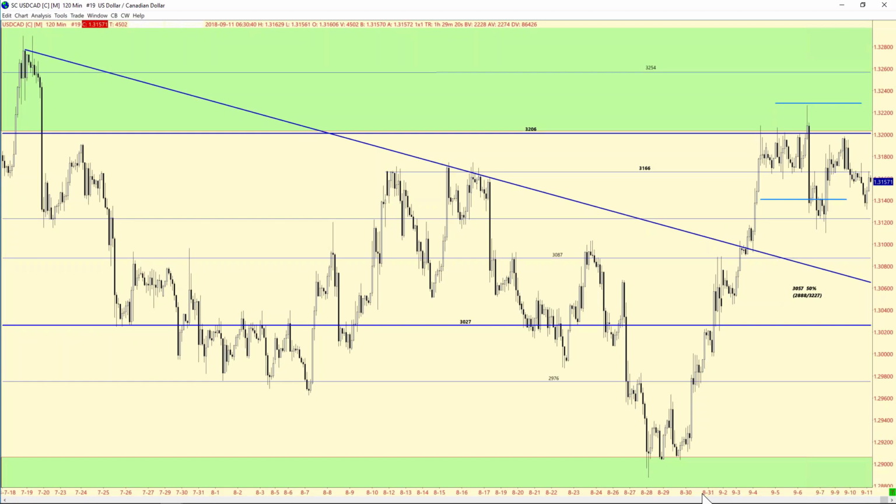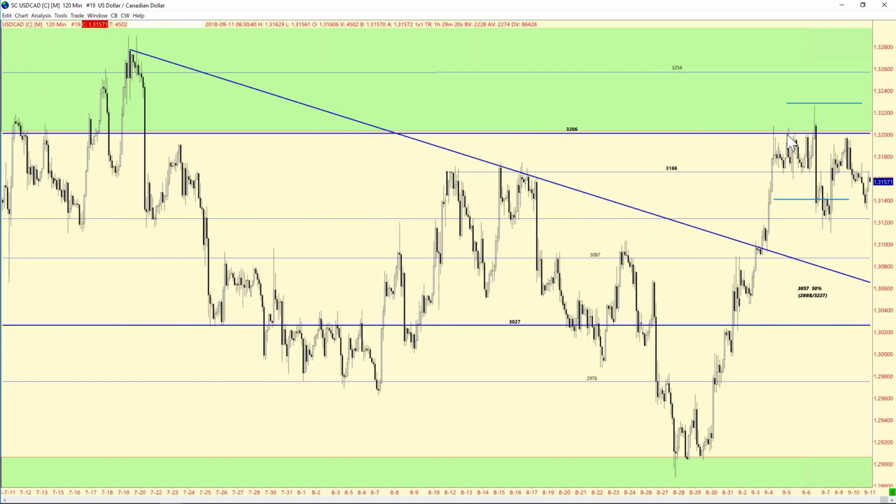So the key on the upside, I don't see any reason to change this. If you're looking from a very, very short-term basis, it's actually going to be right here. But it won't take much to push this thing, and we're susceptible to the headlines. So it's going to be 32.08, which is 50 pips away.